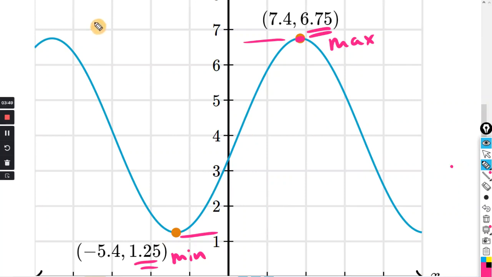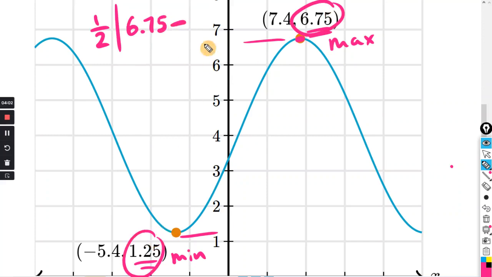Okay, so we're just going to do 1/2, and we're just going to subtract these two numbers, 6.75 minus 1.25. And you take the absolute value if need be.